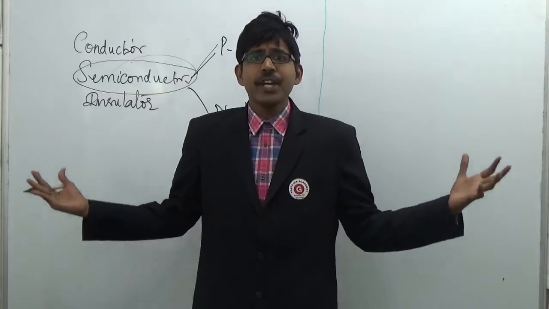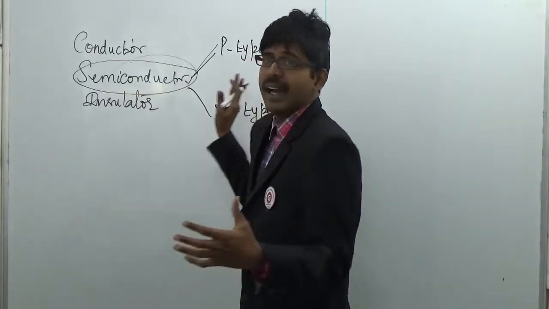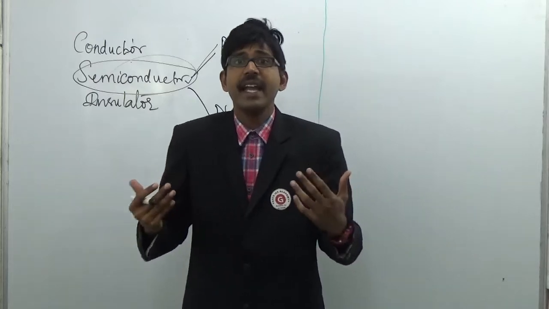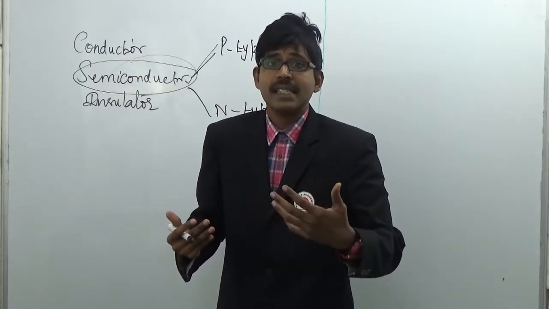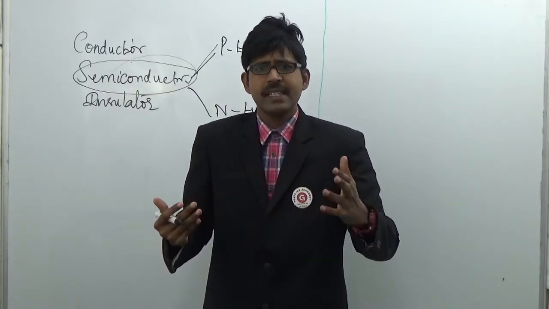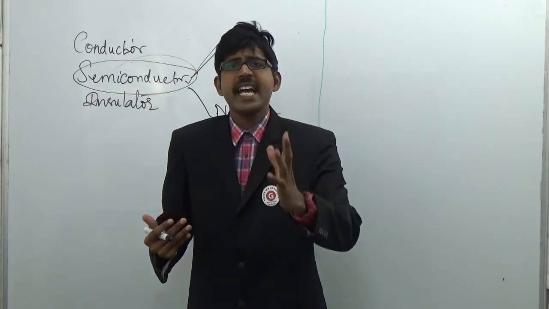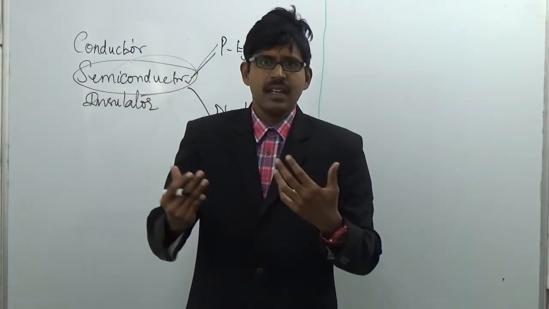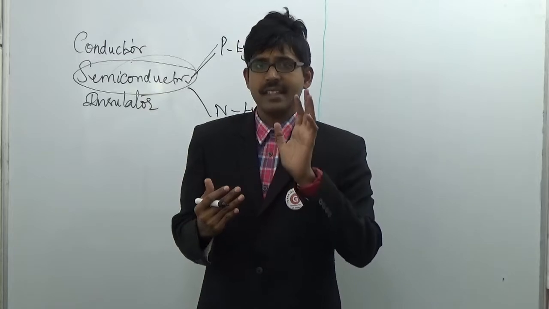And when you add a huge amount of n-type impurity, it becomes an n-type semiconductor. Huge, in the sense, the concentration should be 10 to the power 10 times greater than the other impurity. We can consider it in this way.